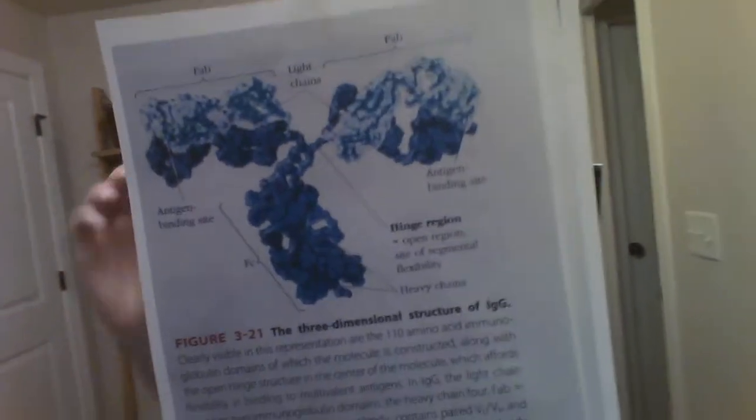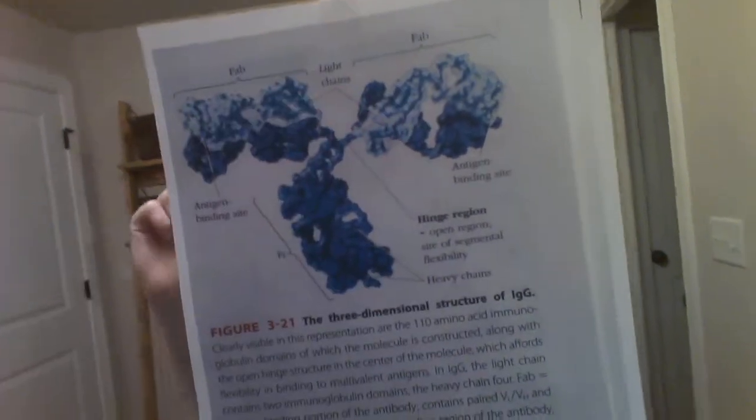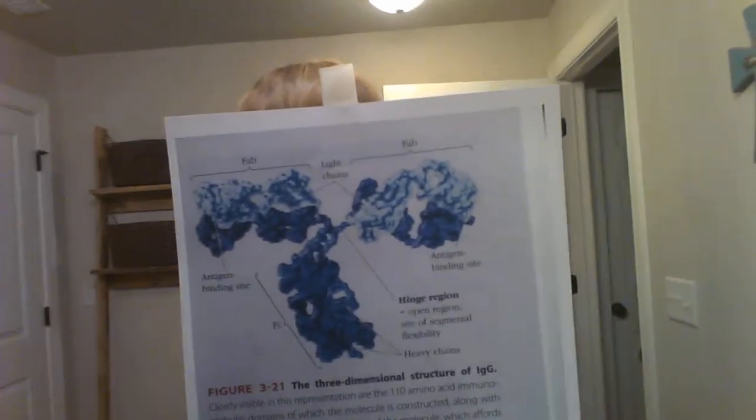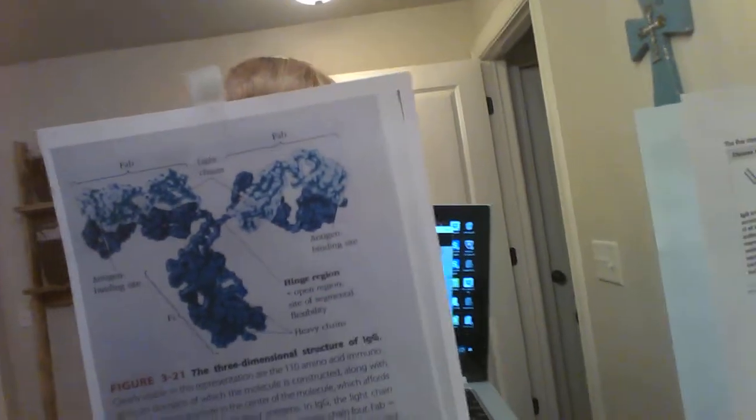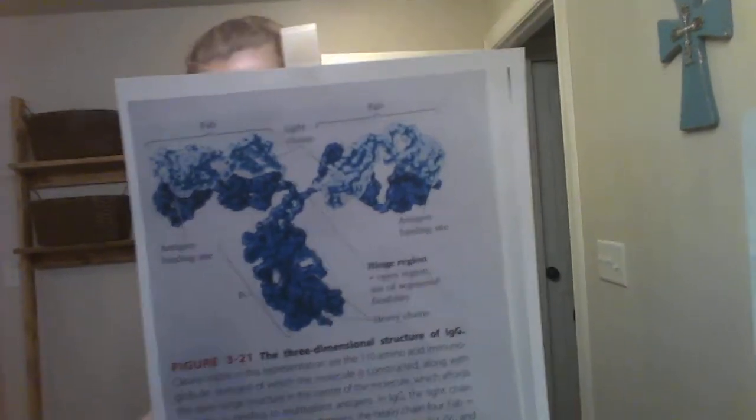And one of these fragments is known as the Fab region, seen up here, and the other is known as the FC region. So the Fab region versus the FC region, let's talk about that. What your Fab region does is it's actually the region that binds to the antigen, and it's going to retain that antigen binding specificity of the original antibody.